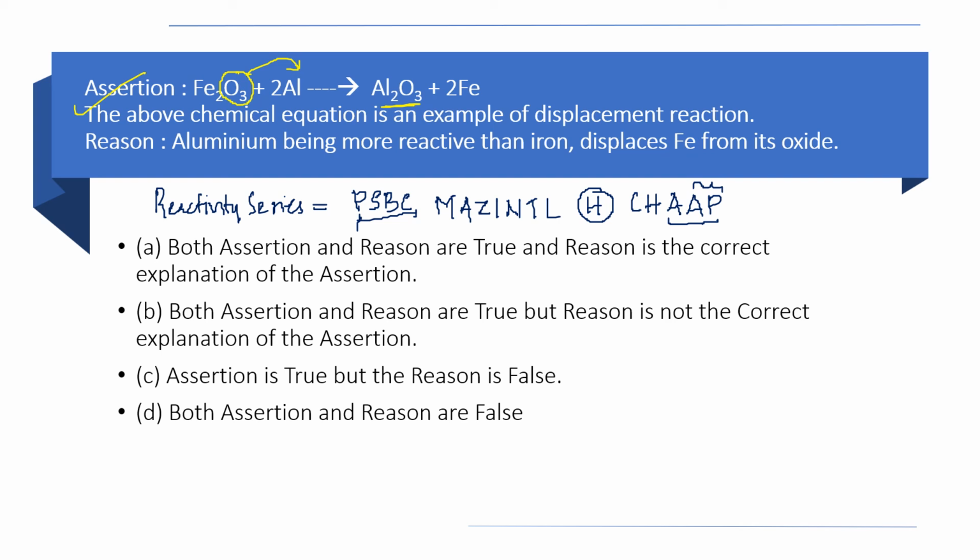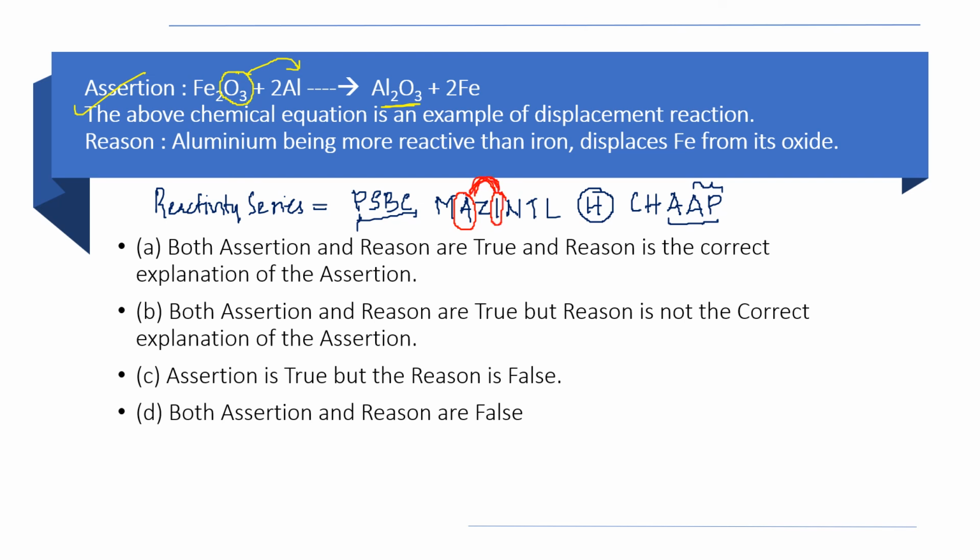Again, I'm repeating: PSBC, then magnesium, aluminium, zinc, iron. In between aluminium and copper you can see hydrogen, which is the standard. Moving to the reason, aluminium being more reactive than iron. Aluminium is here and iron is here, so you can see the difference.